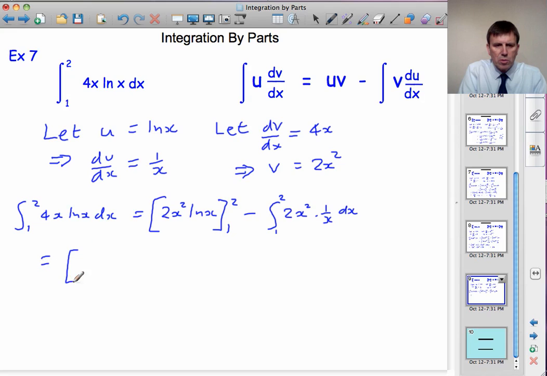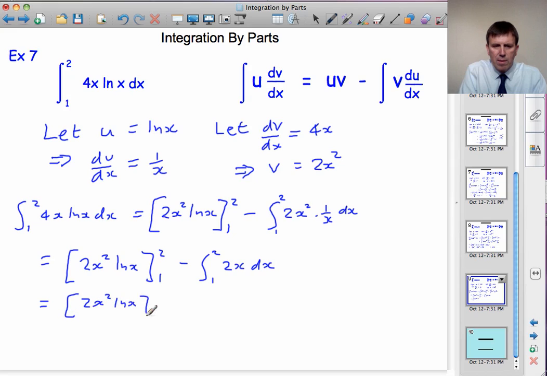So this is equal to, let's keep it in the bracket for now, 2x squared log x between 2 and 1, minus the integral of 2x squared times 1 over x, which is just 2x. So that gives us the integral of 2x is 2x squared over 2, which is just x squared, between the limits of 1 and 2.